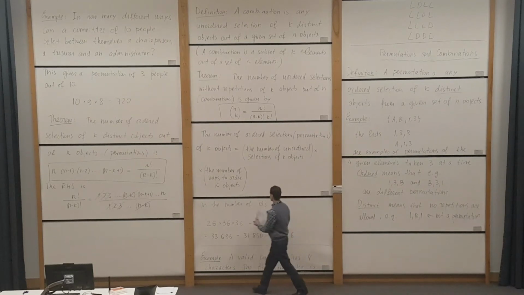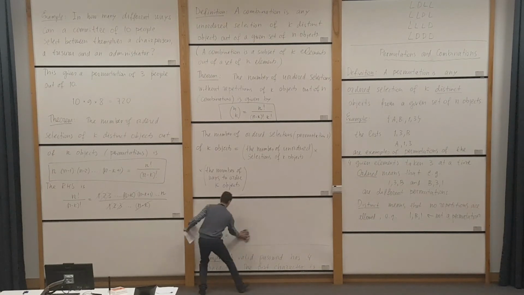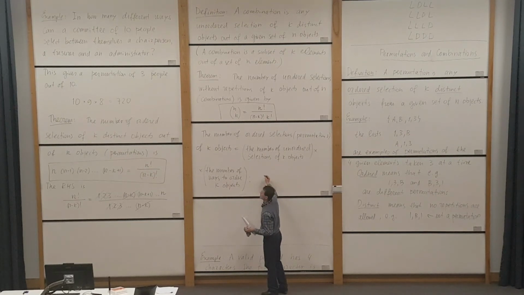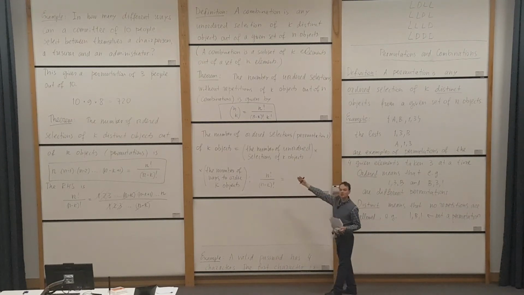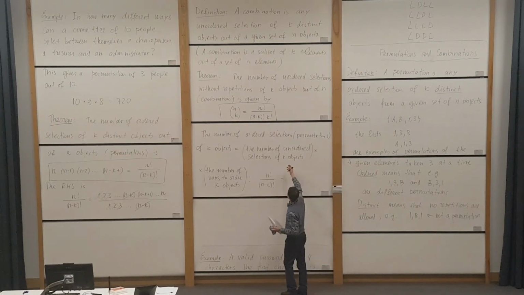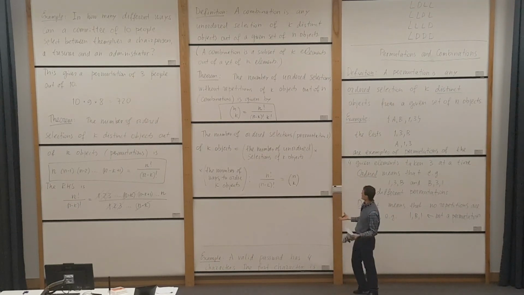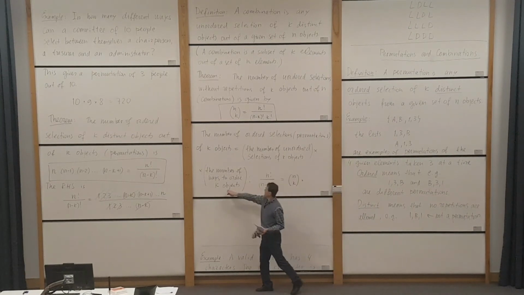So what does this give us? Well, we know the answer for the left-hand side, because it's in the boxed formula. So this gives us n factorial divided by n minus k factorial. And that should equal the number of unordered selections of k objects without repetition, which is the number of combinations. Let's just use the binomial symbol as a symbol which gives us this number. Let's pretend we don't know it yet. And times the number of ways to order k objects.